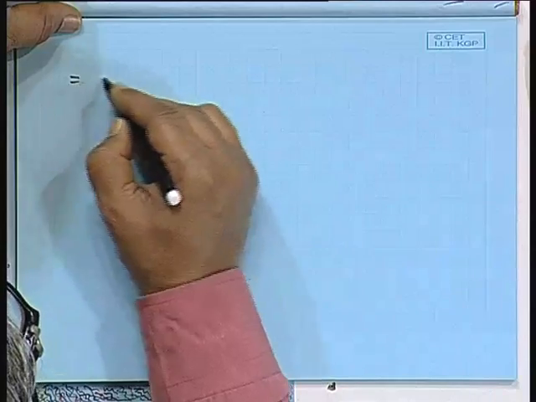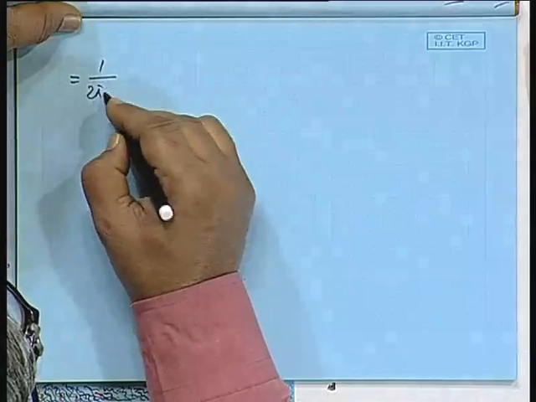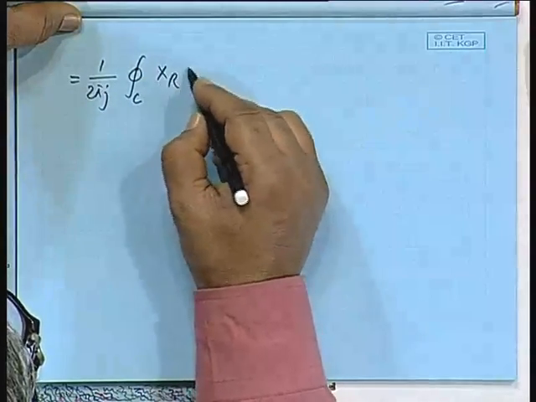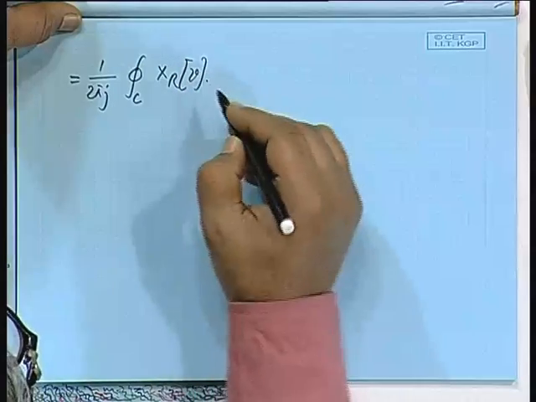So, that is equal to 1 by 2 pi j, X_R(v).